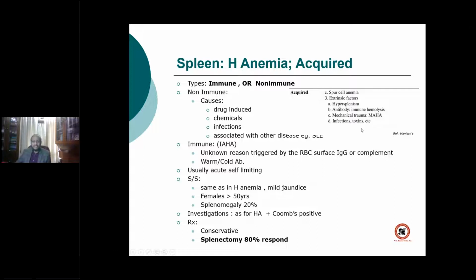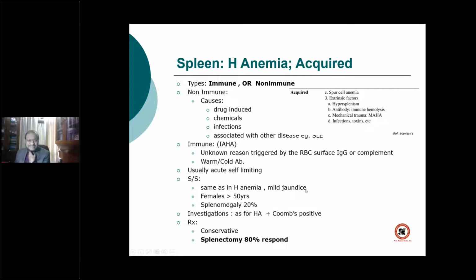So these are all non-immune. You can have chemicals, you can have infections, you can have associated other disease like SLE. But the immune variety, or IAHA, the immune acquired hemolytic anemia, has an unknown reason. The second method of defining this IAHA is based on the warm and cold antibody.